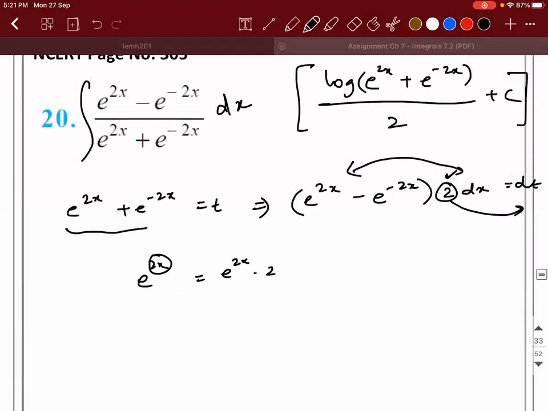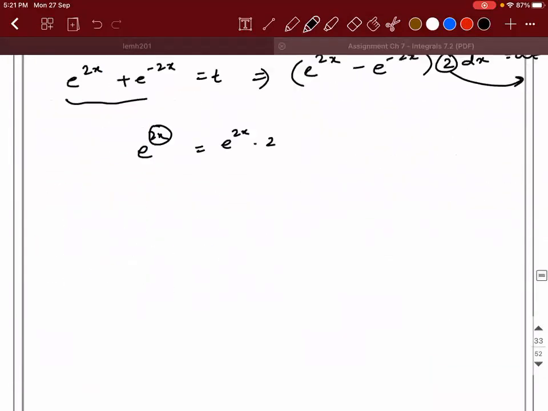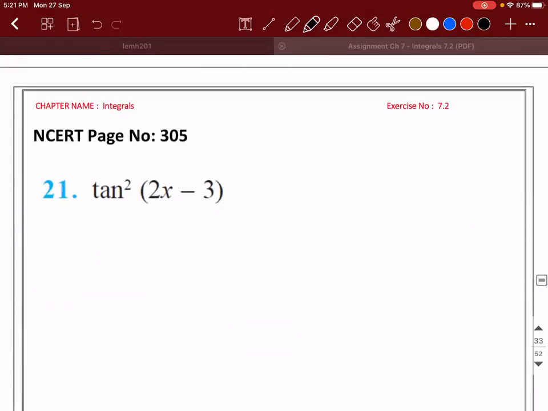So I'm moving on to the next problem, guys. The integral of tan square of 2x minus 3 dx. See, remember, whenever tan square comes, these are all integrating techniques, okay? When tan square x comes, there is no direct integral. You have to write it as secant square x minus 1.